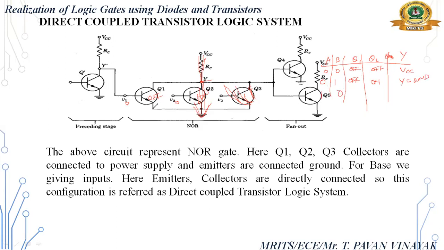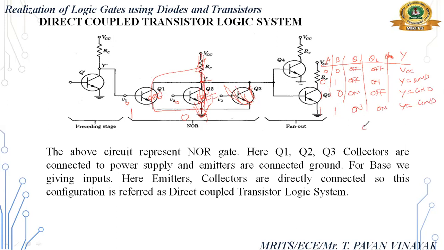Next, 1 0: here 1 and 0 means this is on, this is off. So Y will be ground, because if any one transistor is on, VCC will go to ground. So Y is equal to ground.